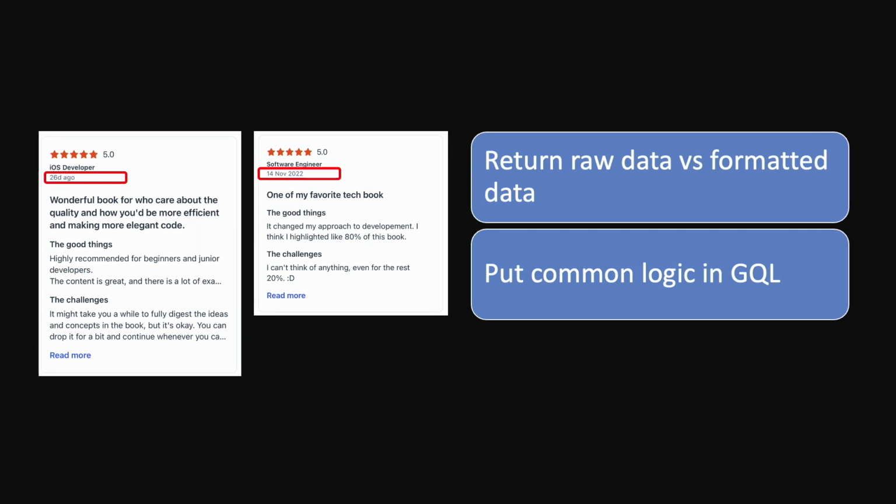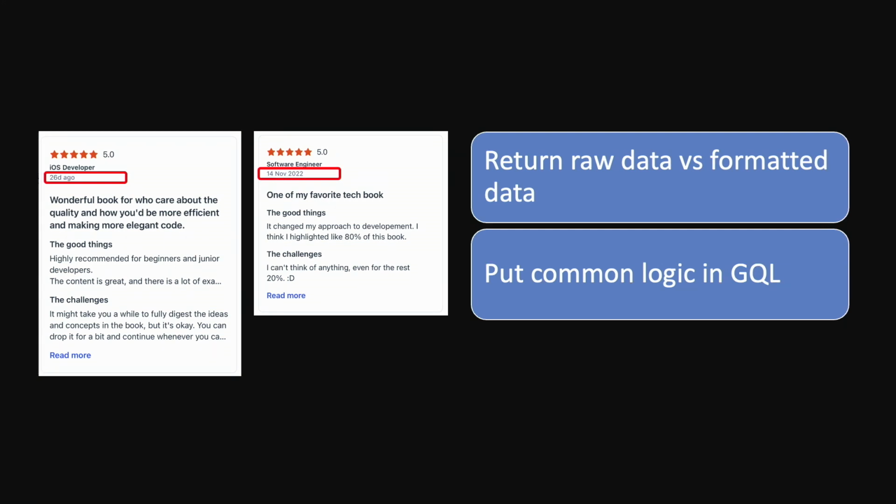By having the common logic in GraphQL, there is only one place to implement the details of that requirement instead of three. Besides, let's say if the requirement is going to be changed in the future with some other formatting requirements, then there would only be one place to make that change.